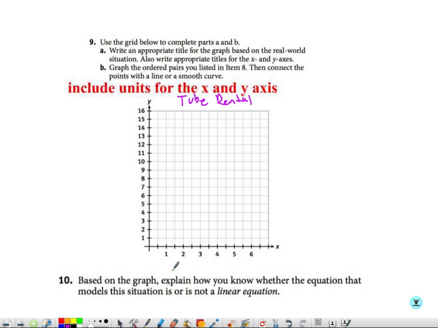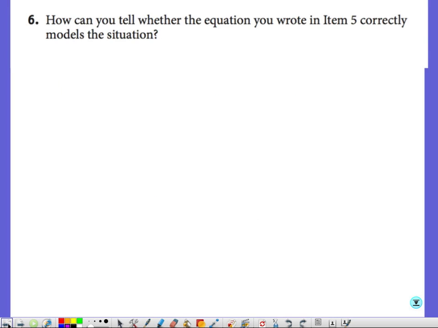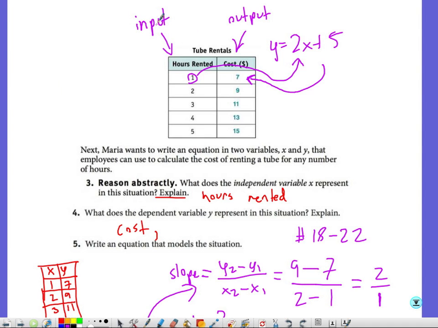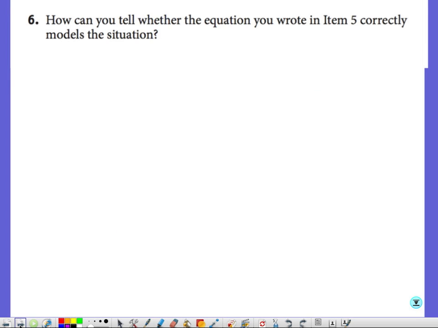Okay, now remember this is the x-axis, which is represented by the independent variable. Remember in our table we said that the input is also the independent variable, and notice that what we have here is the hours rented.